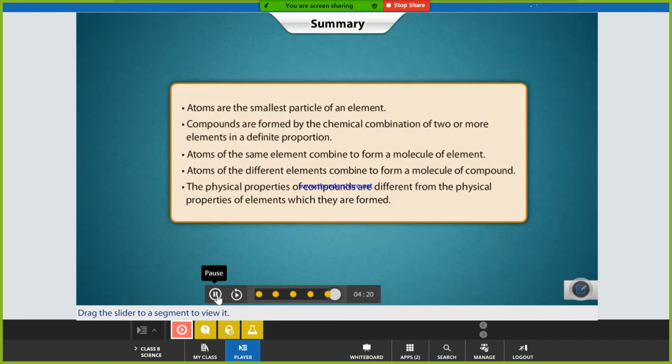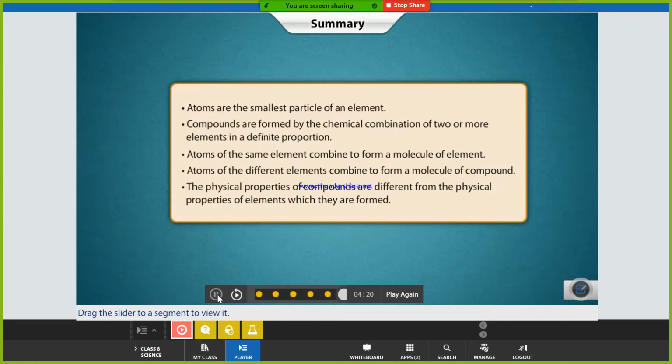Let us do a quick recap of what we have learned. The summary: atoms, compounds and molecules. Once again, atoms are the smallest particle of an element.